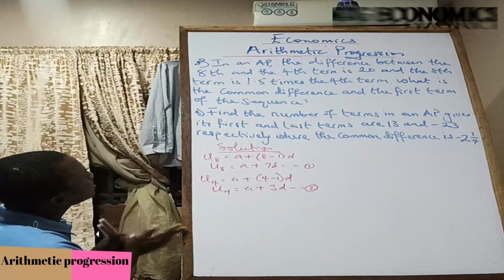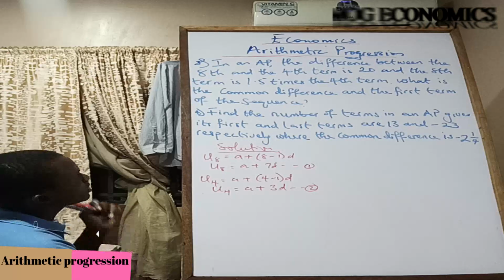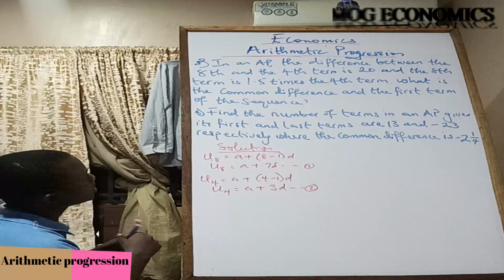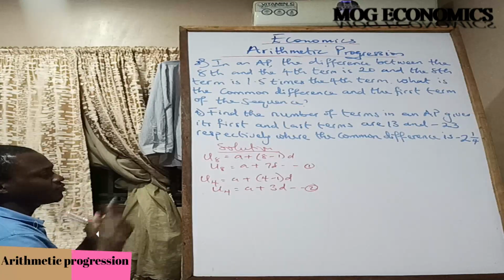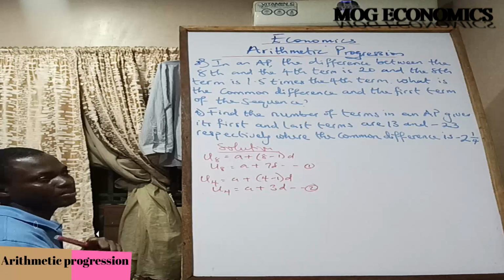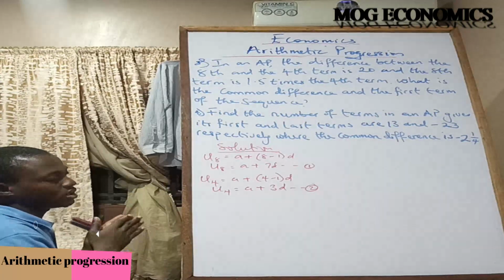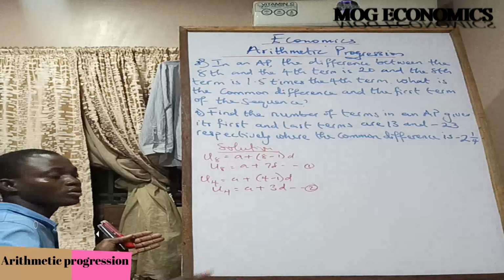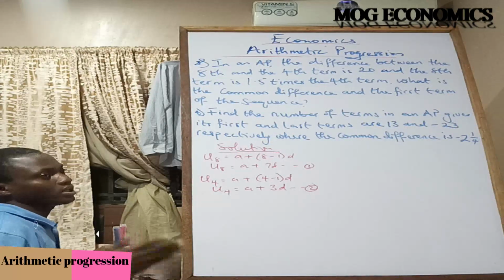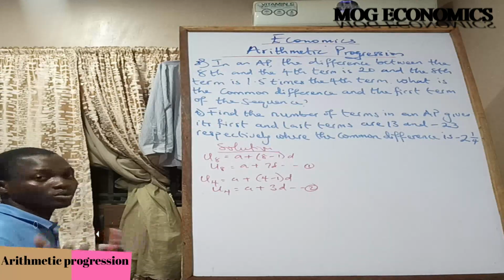Question 2. Okay. So it says in an AP, the difference between the eighth and the fourth term is 20. Which one is even bigger? Is it eighth term minus fourth term that is 20, or fourth term minus eighth term that is 20? Because you can never tell. An arithmetic progression could be reducing continuously from a bigger number to negative numbers, or going from a smaller number to bigger numbers.